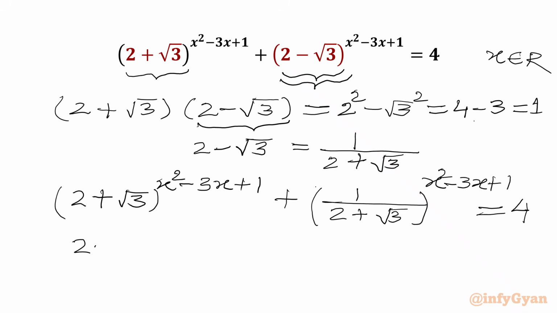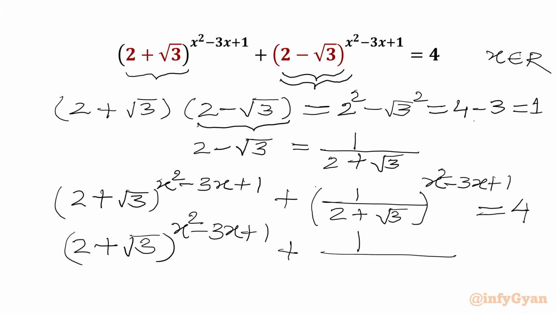Or we can write 2 plus square root 3 with whole power x square minus 3x plus 1 plus 1 over 2 plus square root 3 whole power x square minus 3x plus 1 equal to 4.